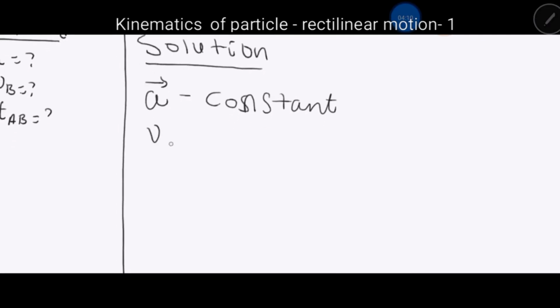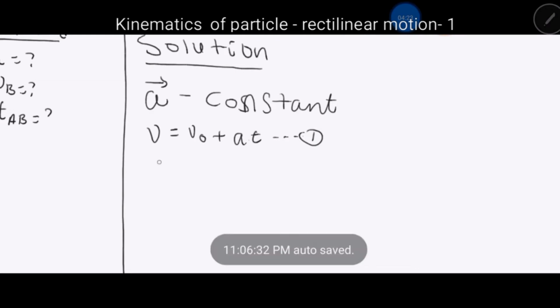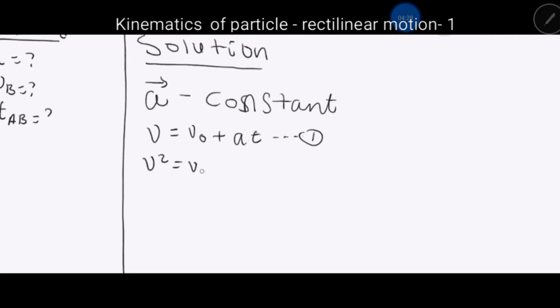So you can write it here. Velocity equals initial velocity plus acceleration times t. Normally the initial and final velocity, as you understand, are from the ball's initial point to the position where we want to calculate.